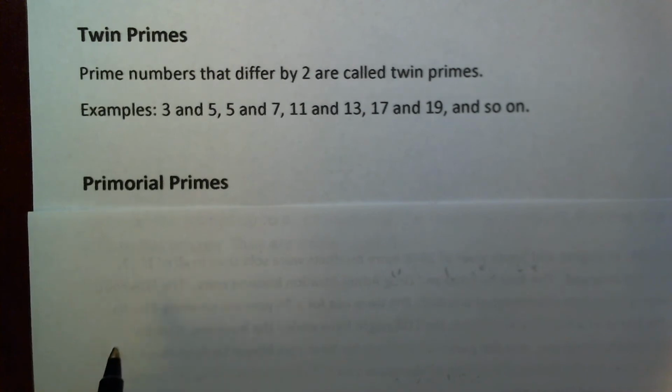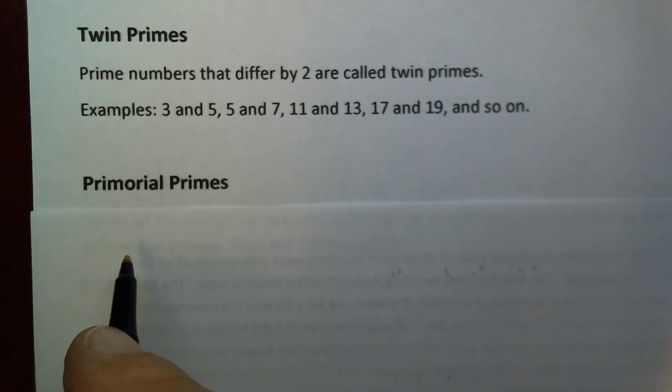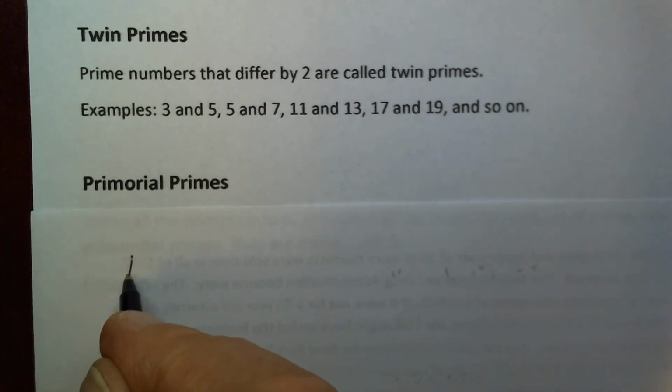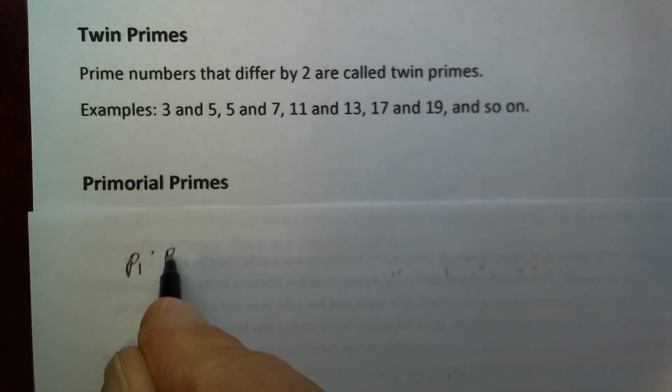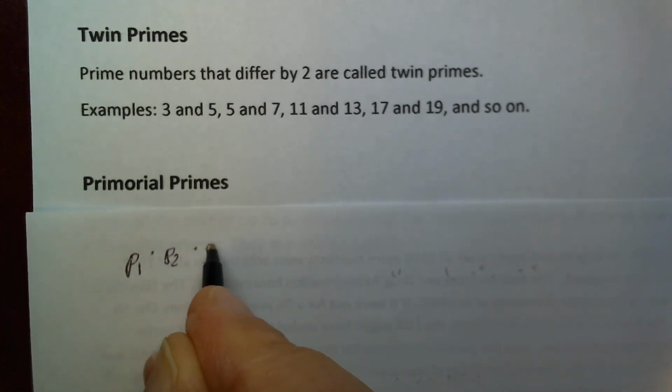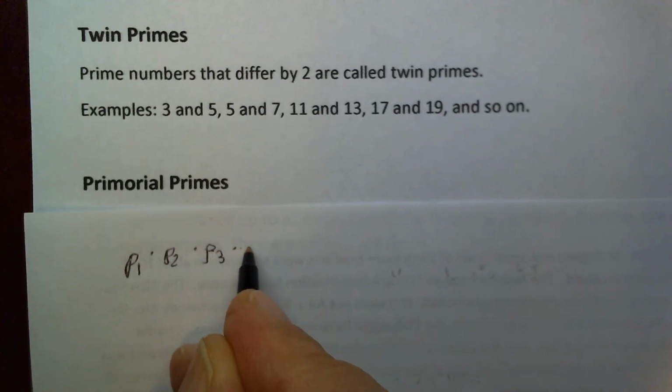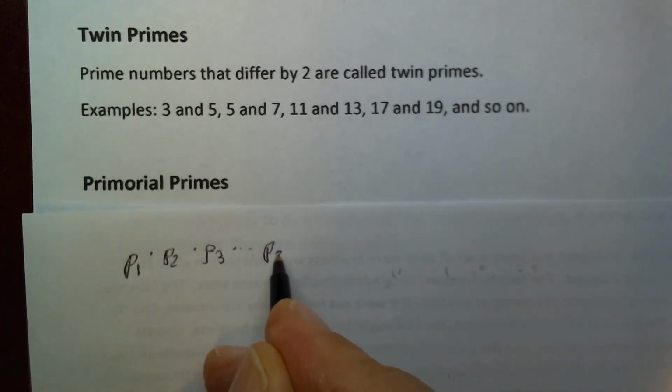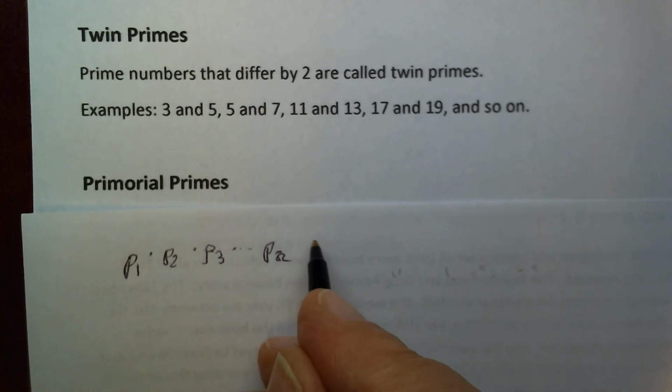Remember when we traced Euclid's proof that there are infinitely many primes? We used the expression p sub 1 times p sub 2 times p sub 3 times ... p sub n plus 1.